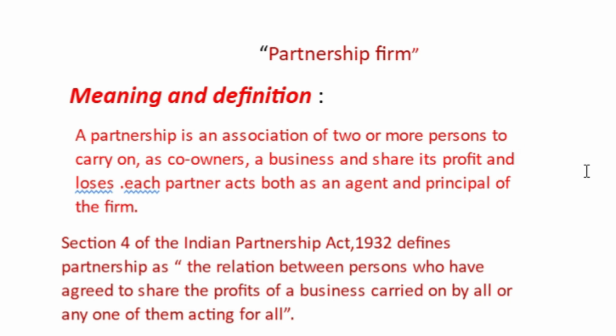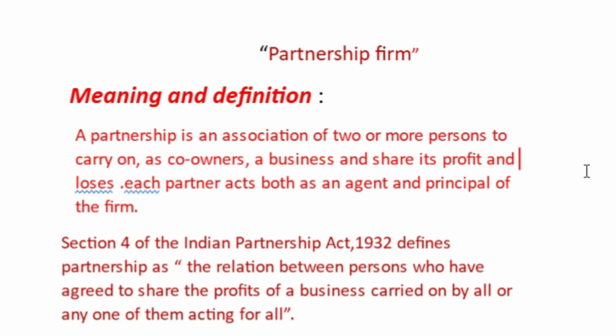If a partner purchases goods on credit for the partnership, he has performed this act as an agent, and the partnership firm is liable to pay the amount to the supplier. That is, his act binds the firm.